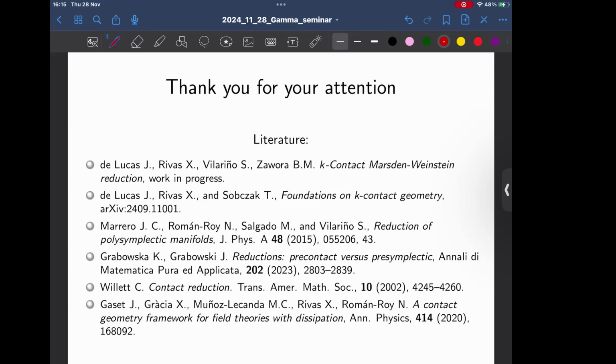This was first introduced by Luca Vitagliano, I think in 2015, but in a very general case. With Manuel de Leon and with Narciso, who is connected here, and other people, we developed a particular instance of that, which allowed us to work with field theories with dissipation in a multisymplectic way. And I wonder if this could be extended. Maybe it would be interesting to take a look. I don't know if you have thought about it.